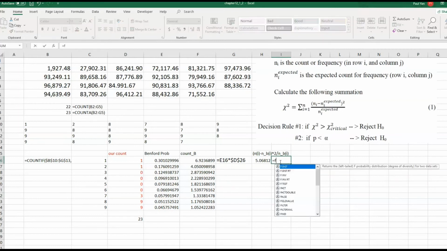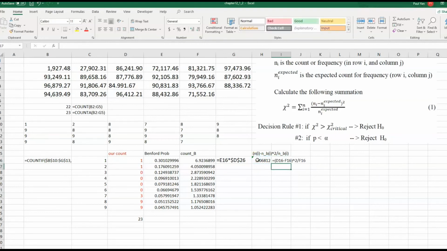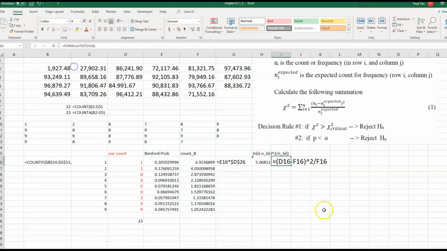I'm going to show the formula. Again, this formula comes from equation number 1. So this is n1, so I equals 1 from our data, and I equals 1 from our expected, in this case the expected frequency from Benford Law. Then we copy and paste.